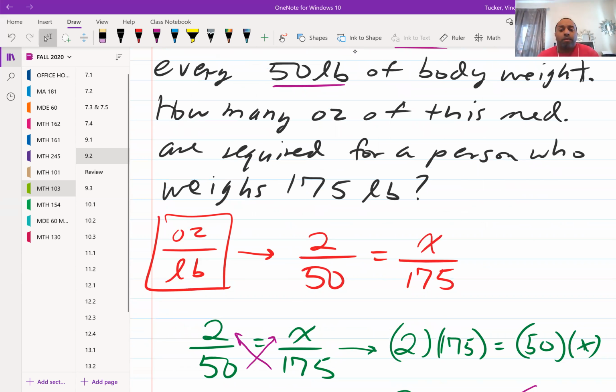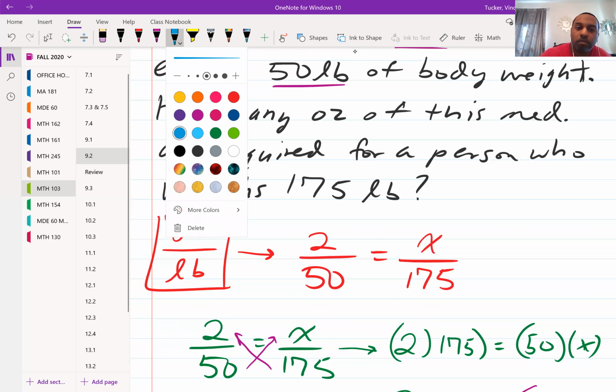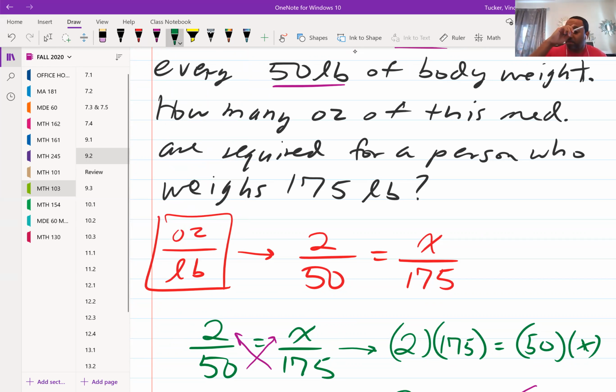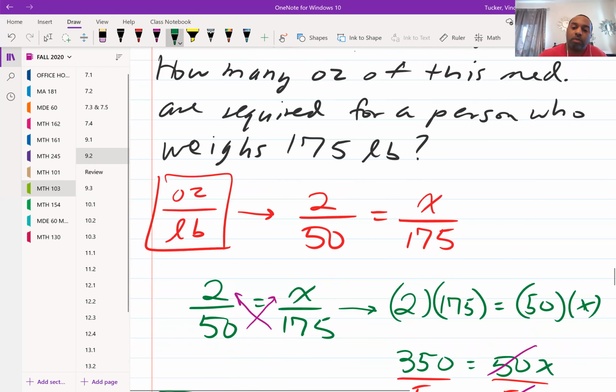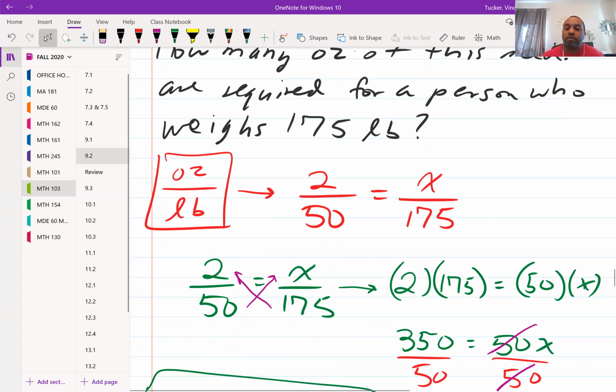Taking that 2 over 50 equal to x over 175 and cross multiplying, that'll be 2 times 175 and 50 times x. 2 times 175 is 350.